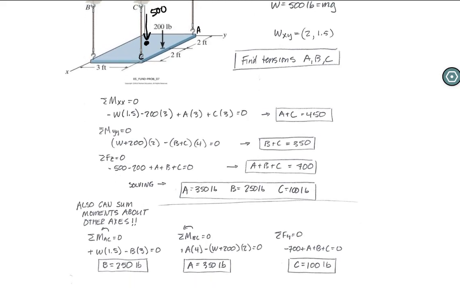In the same way, I can sum the moments about the BC axis, where I'll just label this BC. If I sum the moments about the BC axis, because those 2 forces are going through it, I can solve for that A with one equation. Then I can sum the forces in the z and find out the other unknown.